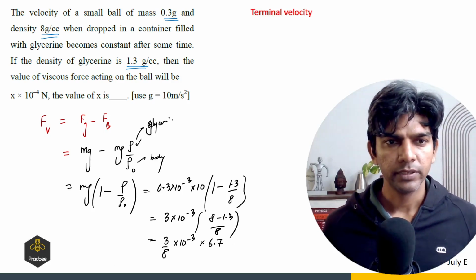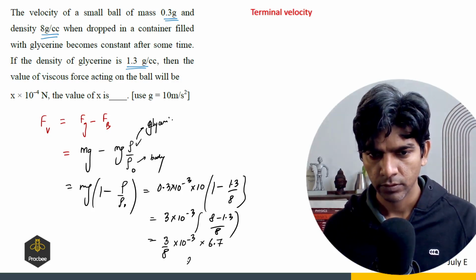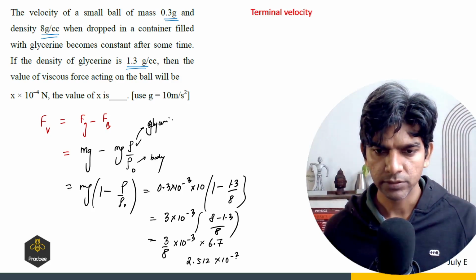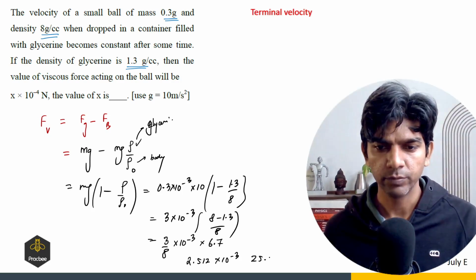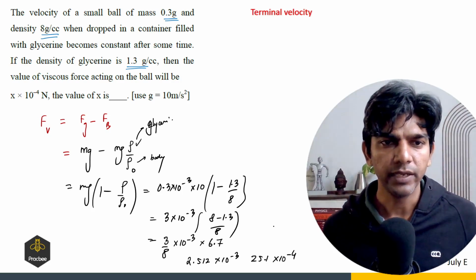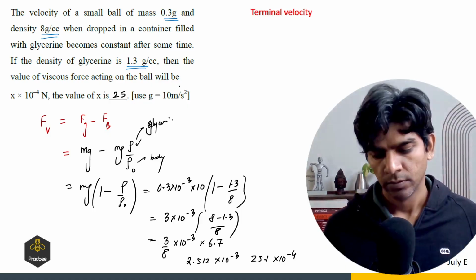Okay, so let us find the approximate answer. 3 times 6.7 divided by 8 comes out to be 2.512 × 10^-3, or we can write this as 25.1 × 10^-4, and it's an integer type question, so the answer will be 25, right?